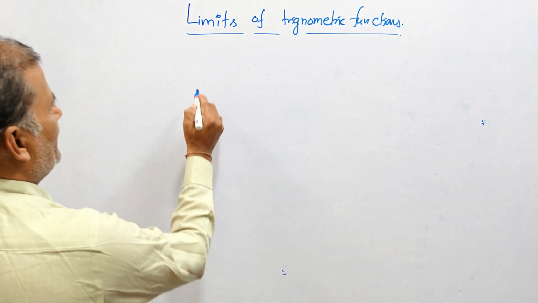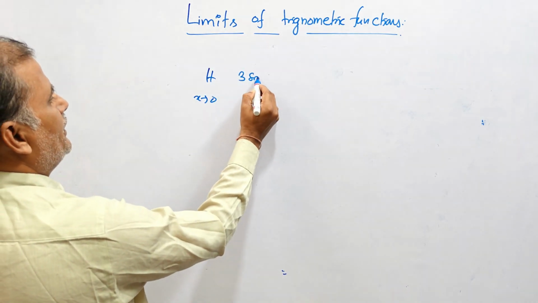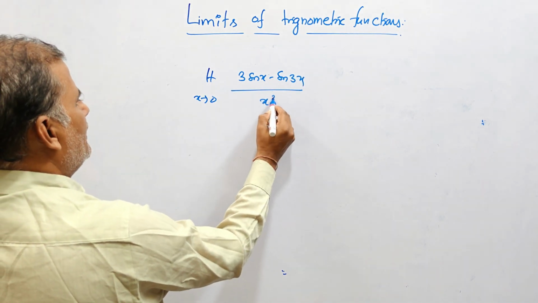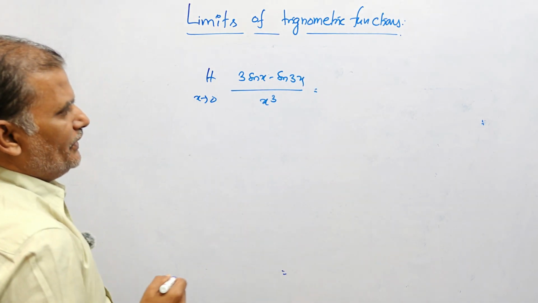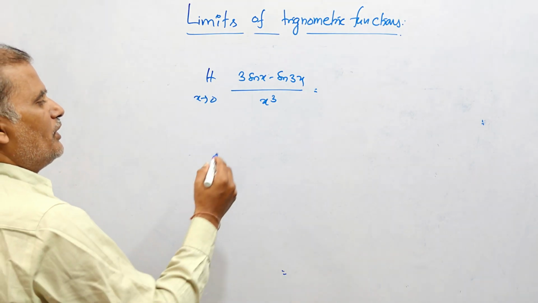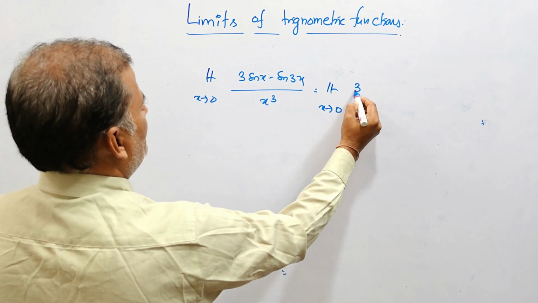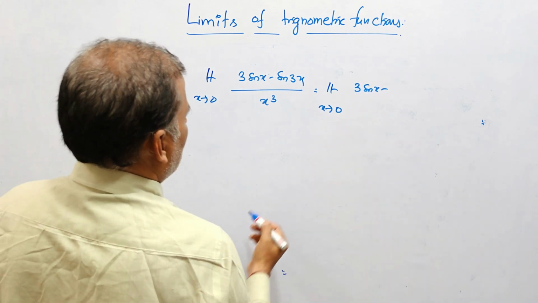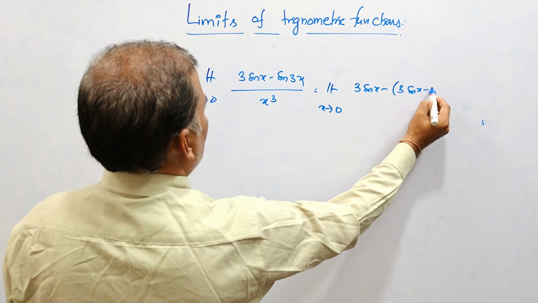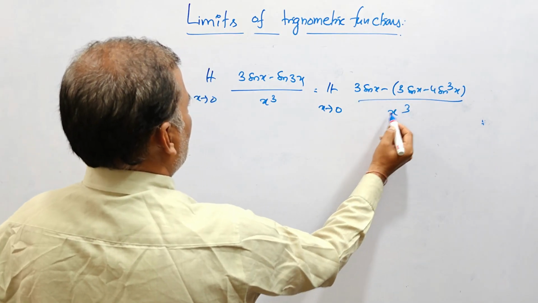And sometimes they give sin 3x formulas also, that is 3 sin x minus sin 3x by x cube. We observe that here sin 3x is one of the important formulas. We apply that formula, we get the answer. Limit x tends to 0, sin 3x formula 3 sin x minus 4 sin cube x by x cube.